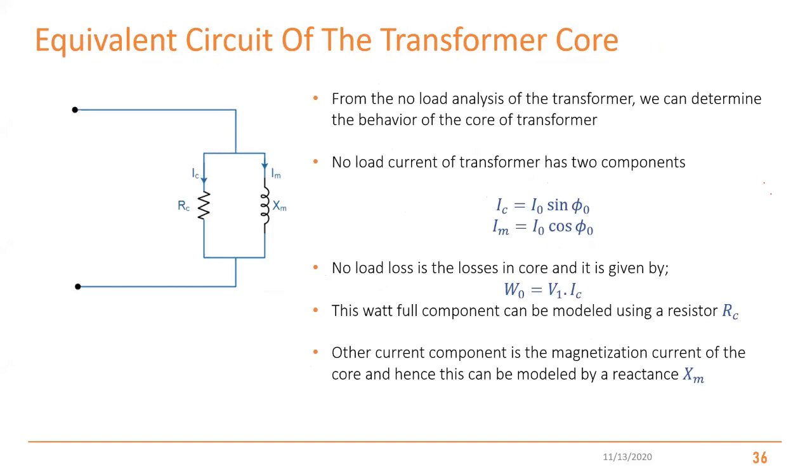Phasor diagrams are good for understanding things, but for calculation purposes they are very tedious. You have to draw to scale and everything. Therefore it is not convenient to draw phasor diagrams to analyze the transformer.